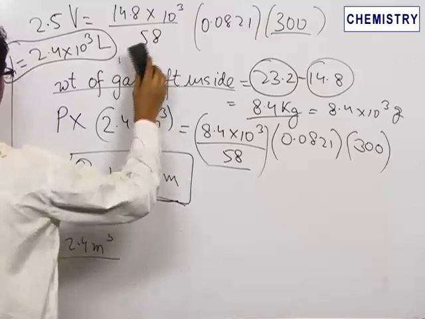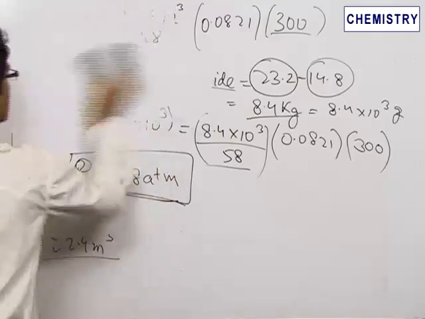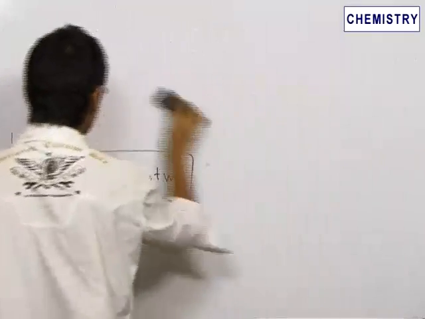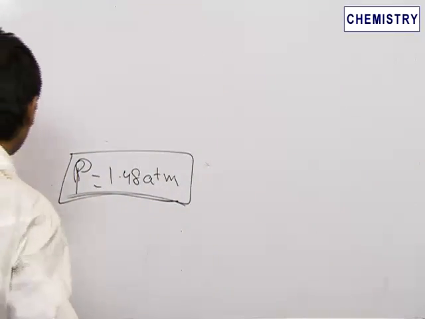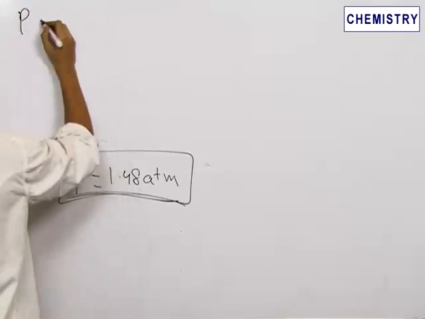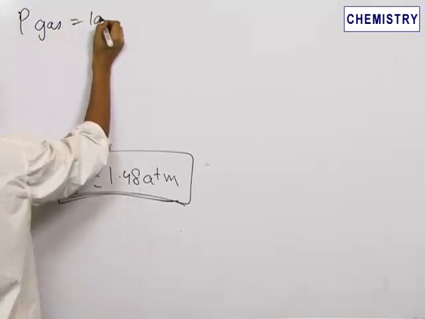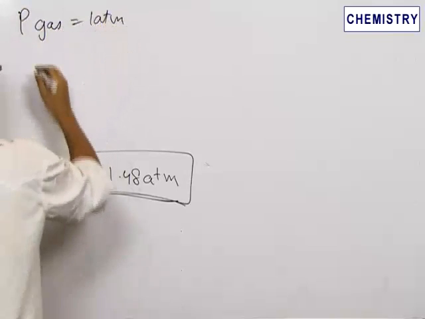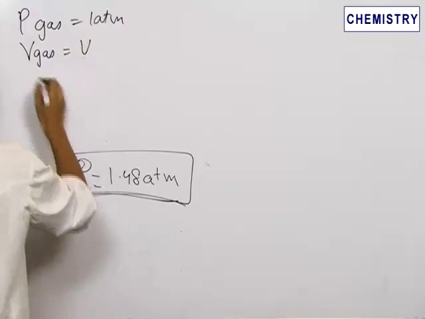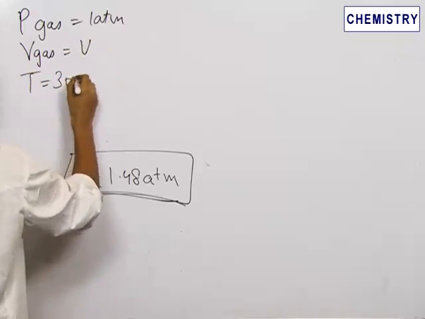Now we try to find out what is the volume of gas which has been used up. Since the gas which is leaking has pressure equals 1 atmosphere, let us say the volume of gas which is getting leaked is equal to V. The temperature is equal to 300 Kelvin only.